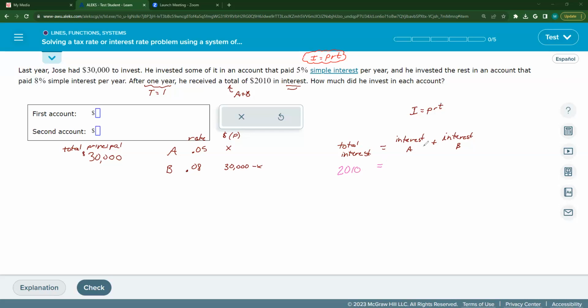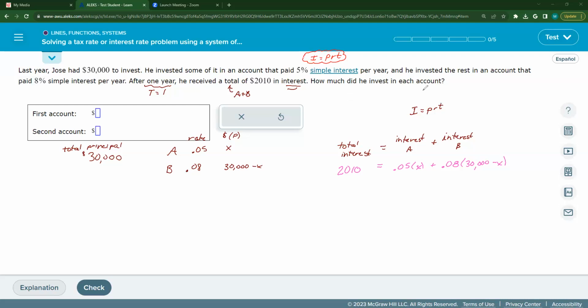And that's going to be the interest of A. And the interest formula for A is X times 0.05. I'm going to put it in the other order, 0.05X. And then the interest of B is going to be 8%, and the amount I'm putting in there is 30,000 minus X. So the pink is my equation that came from the second to the last sentence.